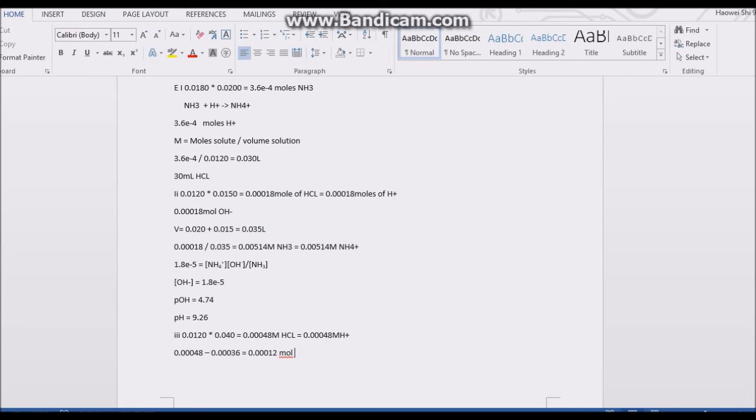moles of H plus. Divide that by the total volume. The total volume this time is 0.06 because the solution is 0.020 plus 0.040 equals 0.06.